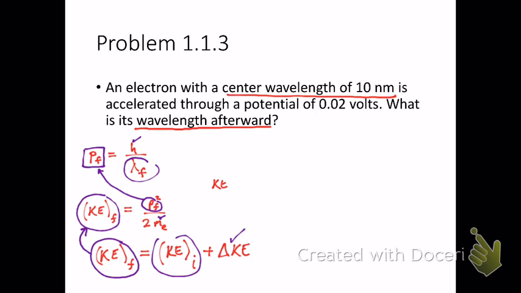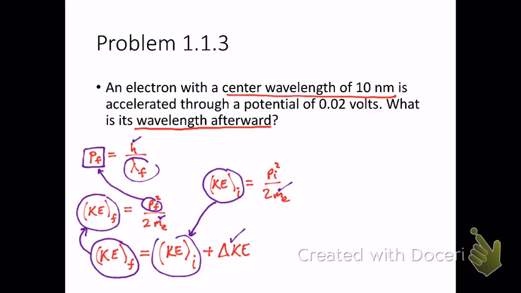The kinetic energy at the beginning is the initial momentum squared over 2 times the mass of the electron. We know the mass of the electron. We need the initial kinetic energy so we can plug it in.